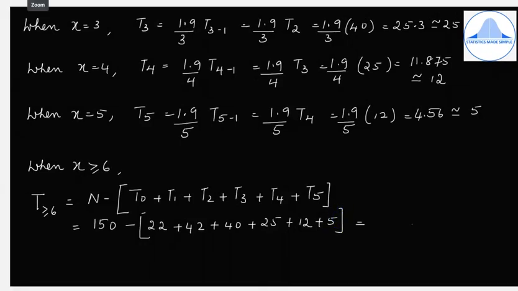So this is equal to 150 minus, when we add up the values within the bracket, we will get 146. So this is equal to 4.